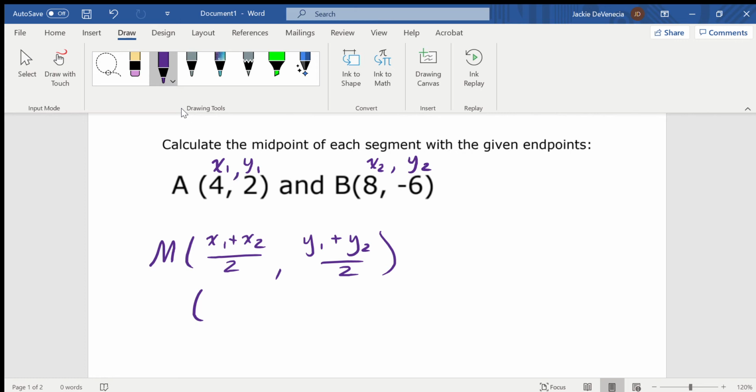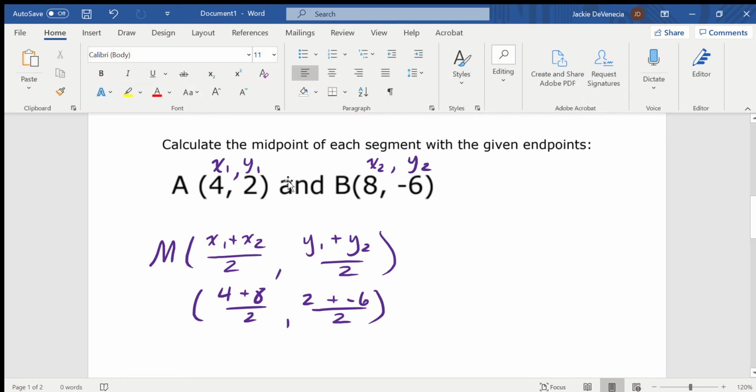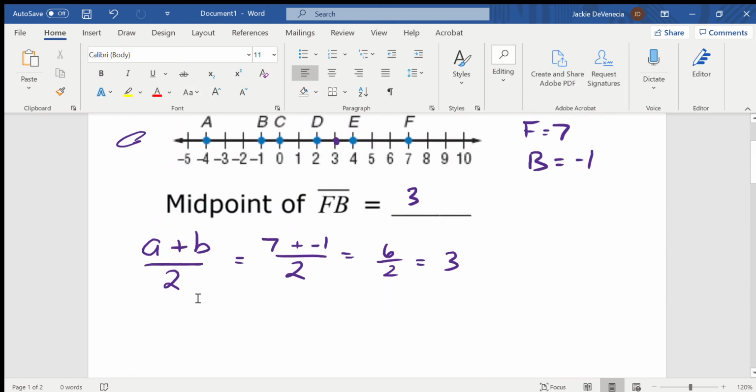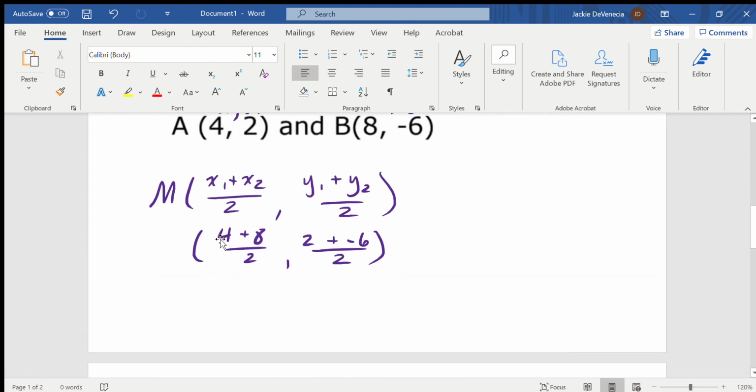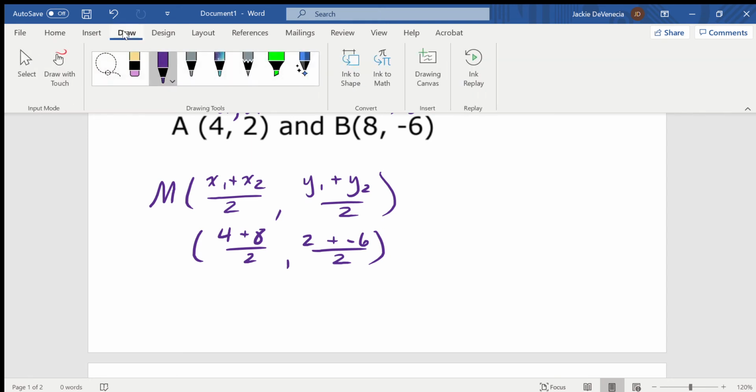So x1 is going to be 4 plus x2, which is 8, divided by 2. Y1 is 2 plus -6 divided by 2. Notice how this formula is similar to that formula we used for our number line, but it's just being applied to the x and y values.